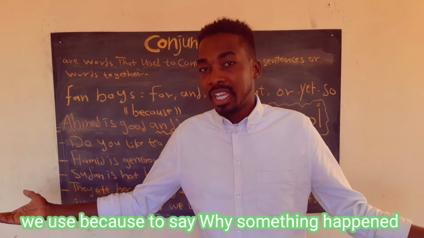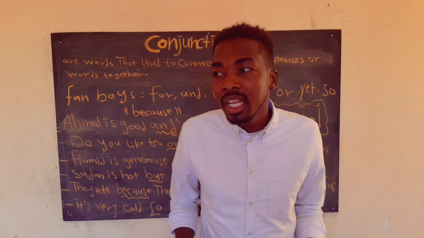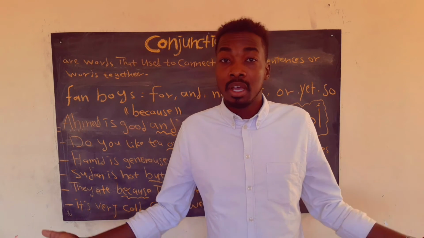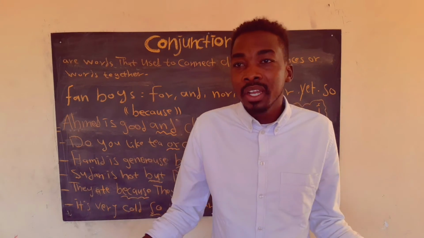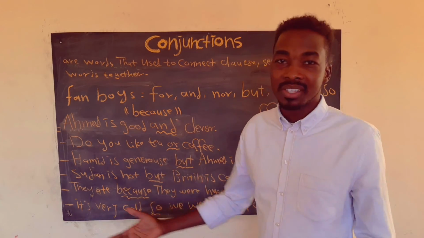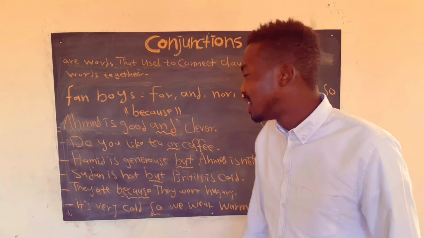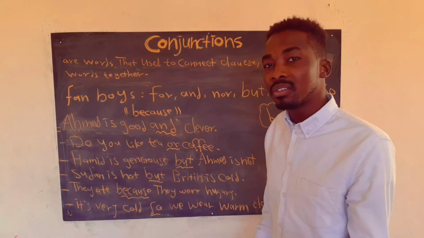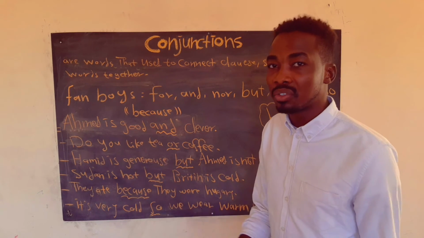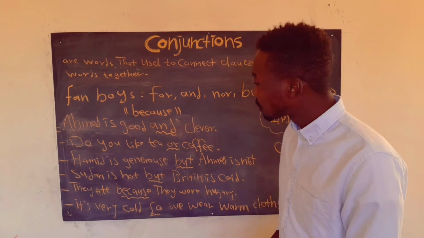Why did you eat and leave me? Because I was hungry. If I was not hungry, I wouldn't eat. They couldn't wait for the rest of the people. So we use because to show the reason, to justify.